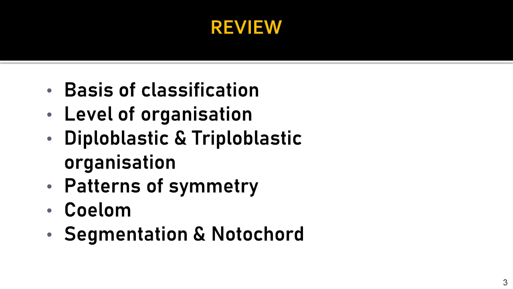So, what are the characters we discussed? Level of organization, diploblastic and triploblastic organization, patterns of symmetry, coelom, segmentation, as well as notochord, right? Based on these characters, kingdom Animalia will be classified, right?